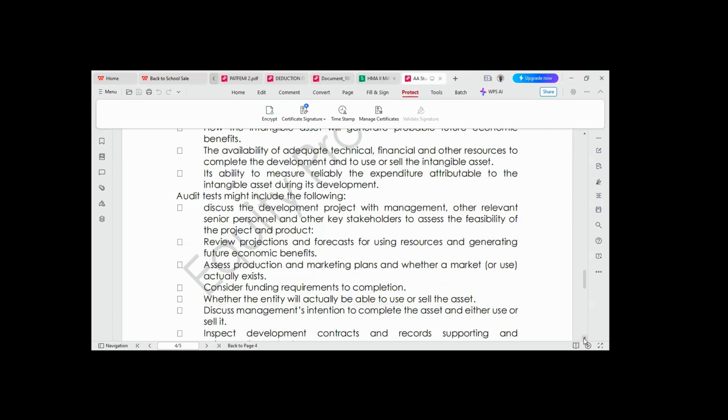Next, whether the entity can actually be able to use or sell the asset. Next, you discuss with management their intention to complete the asset and either use or sell it.